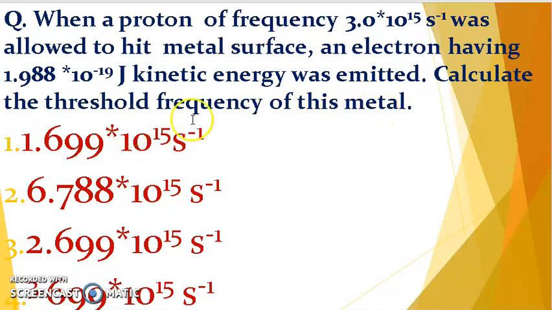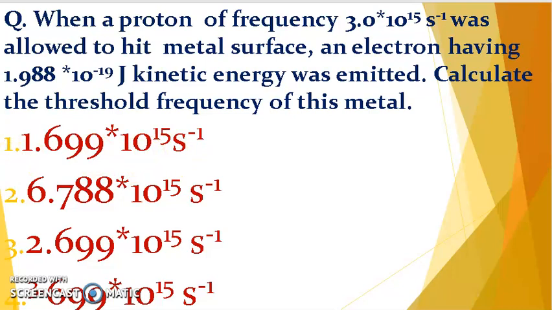So we have to find the frequency here. They have given the frequency of the photon hitting the metal, that is 3.0 × 10^15 s^-1, and also the kinetic energy of the emitted electron, that is 1.988 × 10^-19 joule. We have to find the answer from these four options.